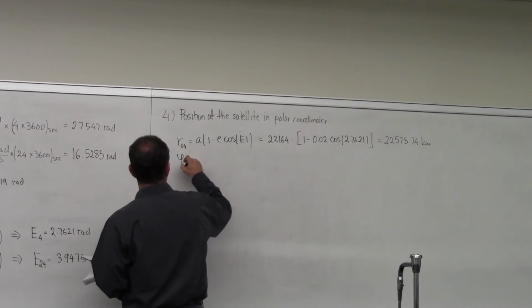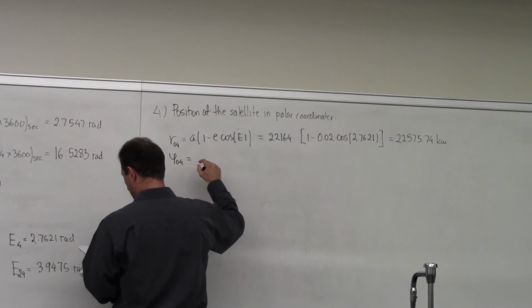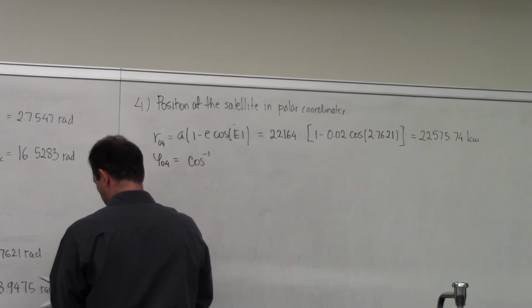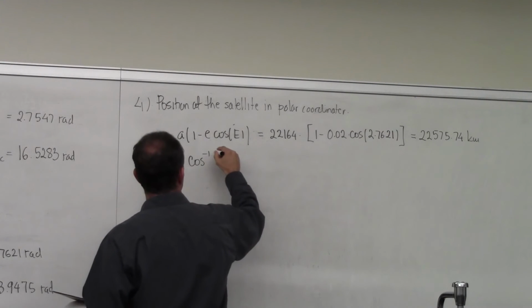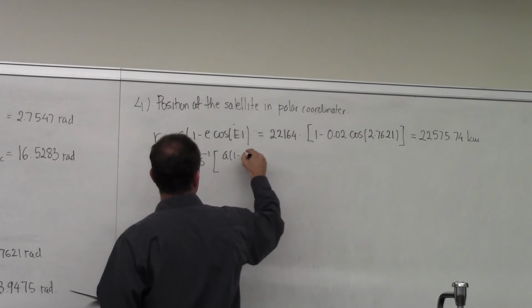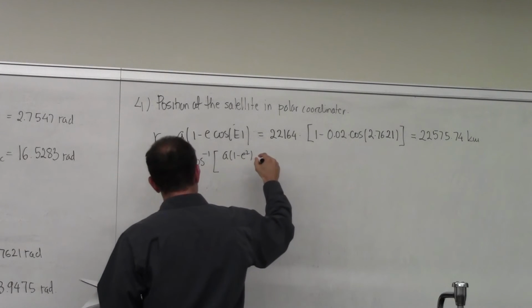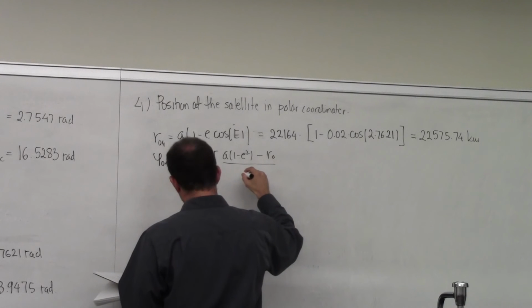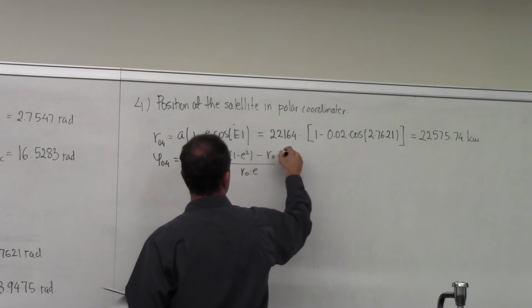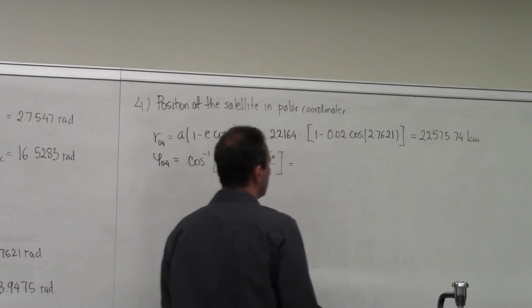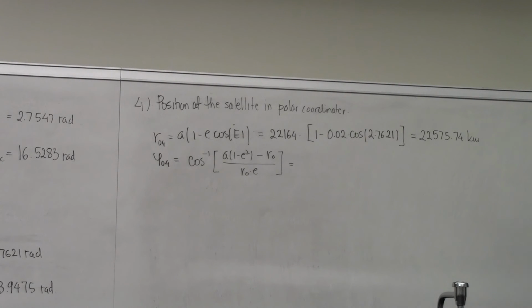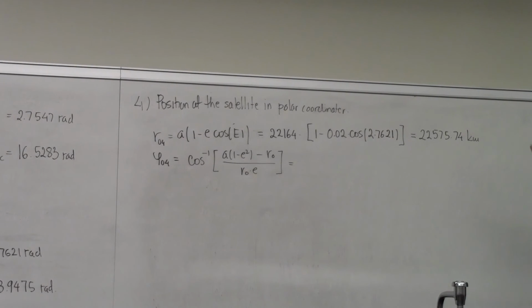What is more interesting is at what angle we should look for the satellite, and this is given as inverse cosine of a times 1 minus e squared minus R0, over R0 times e. That's the equation that will give me the angular distance to the satellite.